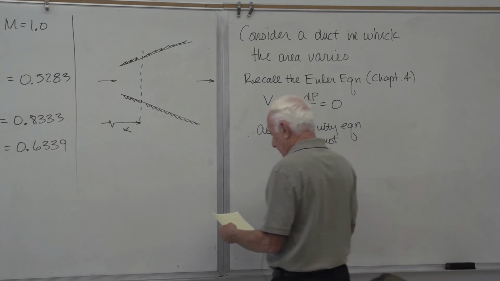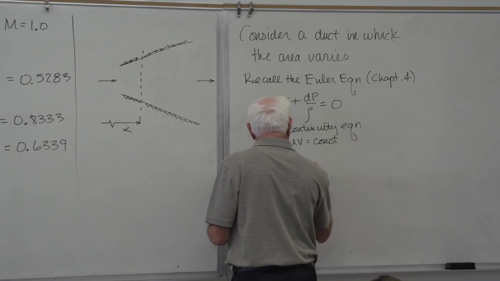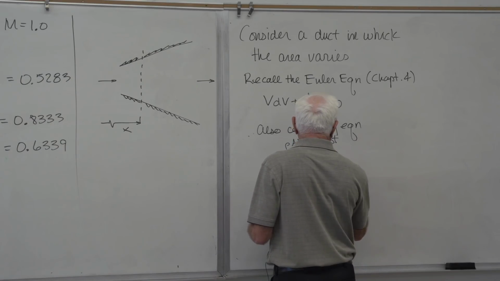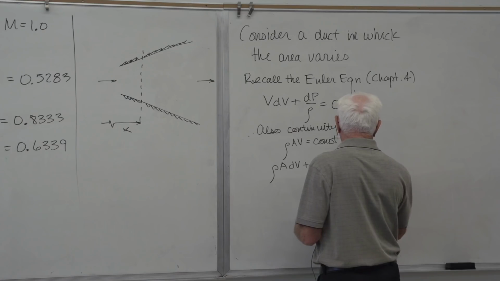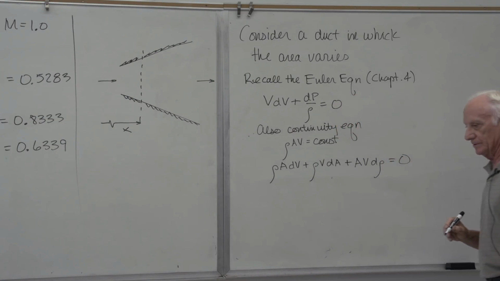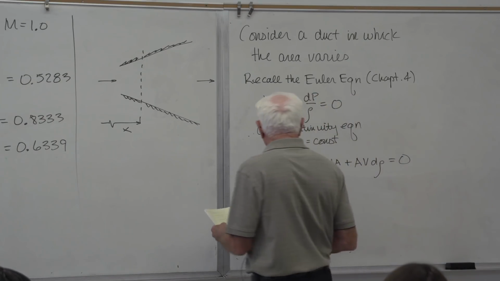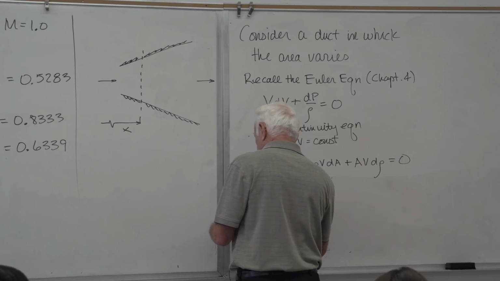Go ahead and take the differential of this product: rho A dV plus rho V dA plus A V d rho equals 0.